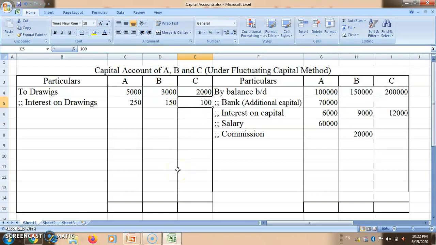Now in the next sentence, the share of profit is given. We will take that profit share from an account called the profit and loss appropriation account. That we will study later. What is the profit and loss appropriation account and how it will be prepared, everything will be discussed later. For understanding purposes, we can say that it is an account prepared to appropriate the net profit.